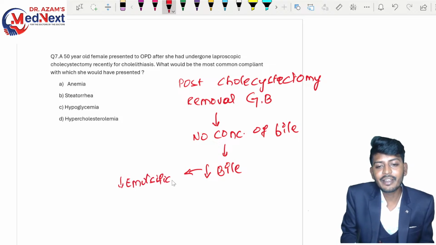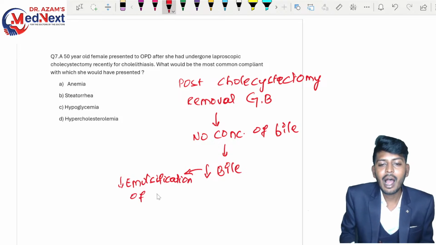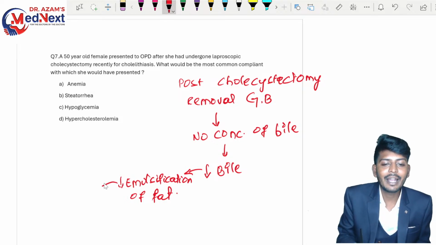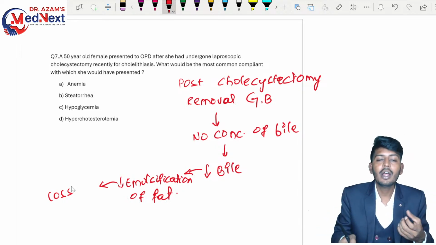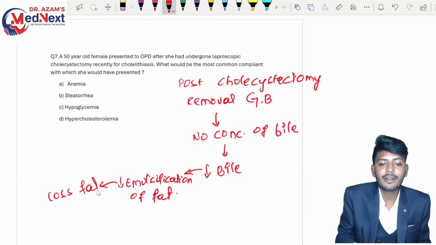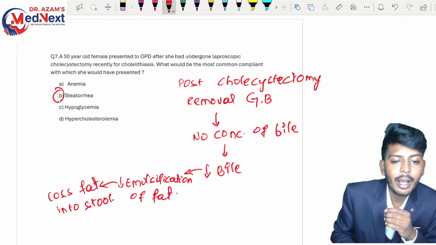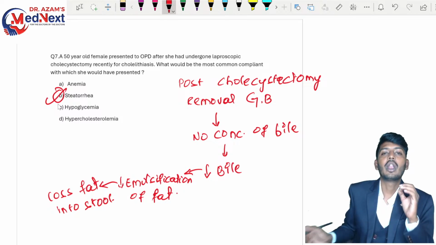So decreased amount of bile will lead to decreased emulsification of fat. If there is decreased emulsification of fat, will fat be absorbed or not? Lack of fat absorption. So the fat will not be absorbed, and whatever fat content there is will go into the stool as loss of fat. If fat goes into the stool, we call this condition steatorrhea.